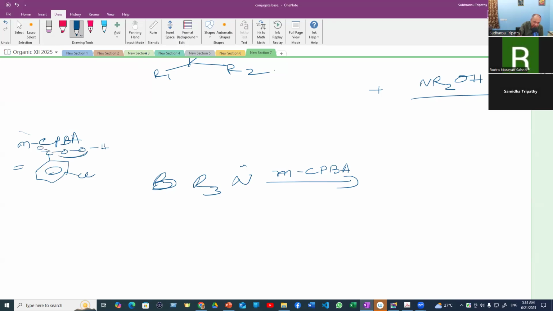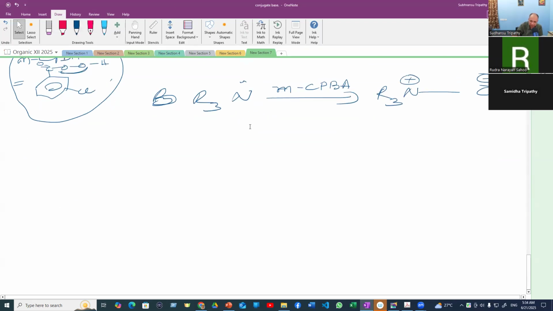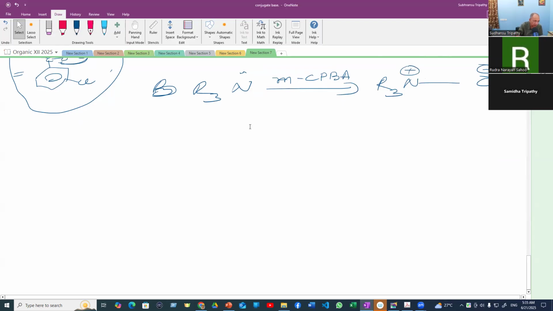Here is the peroxy linkage. So this is used very often to make oxygen insertion. So you can easily prepare the N-oxide, and then you can carry out thermal pyrolysis, what we have already known.